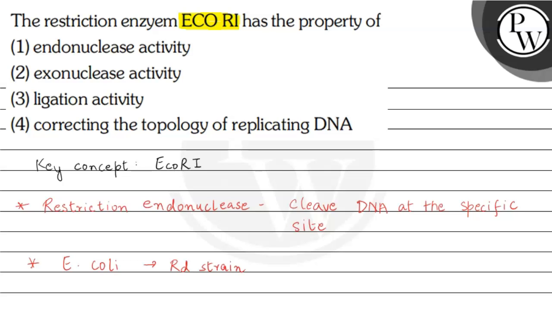So now if we see how the restriction endonuclease cleaves the DNA, firstly the recognition site which is recognized by restriction endonuclease is GAATTC, and its complementary strand as CTTAAG.